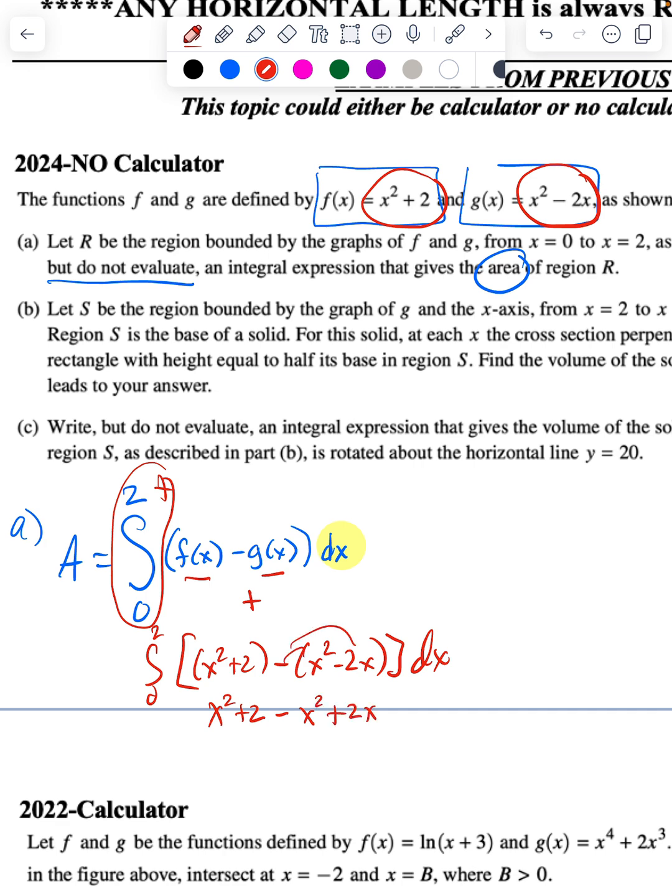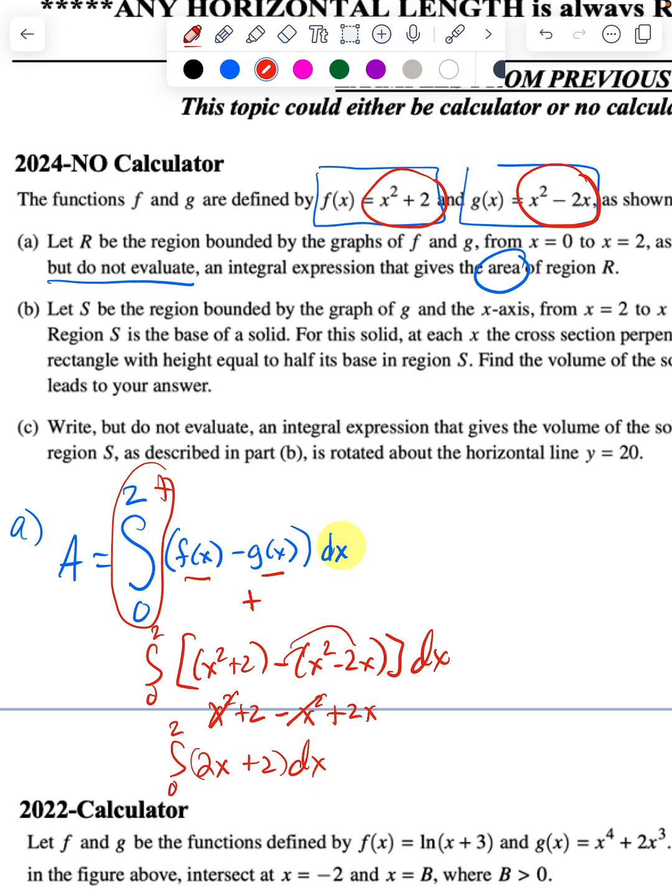I feel like this is adding more opportunities to make a mistake, however, and you would end up with an integral from 0 to 2 of 2x plus 2 dx. So that's not wrong, it's just not necessary unless it specifically asks you to do that.